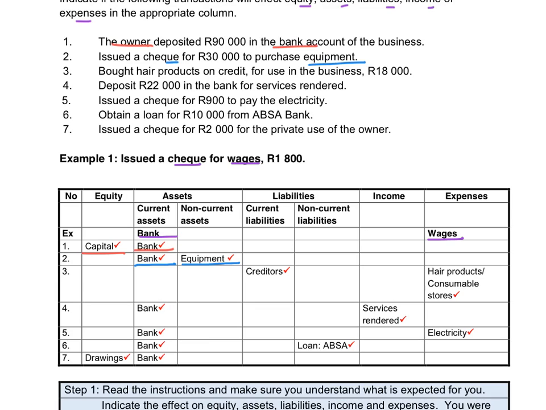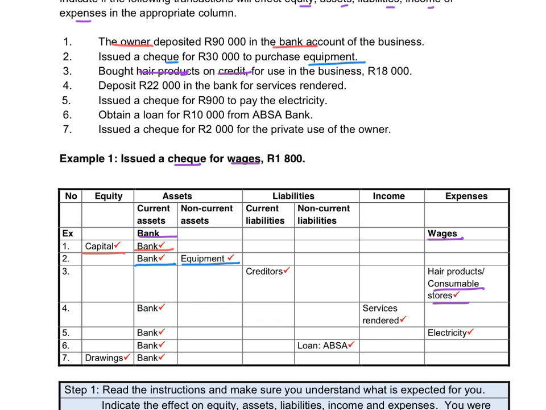Bought hair products on credit. So that means that we receive the products that we will use in the business to do the hair of the people. So that is our consumable stores, or you can call it hair products, and that is an expense for the business.